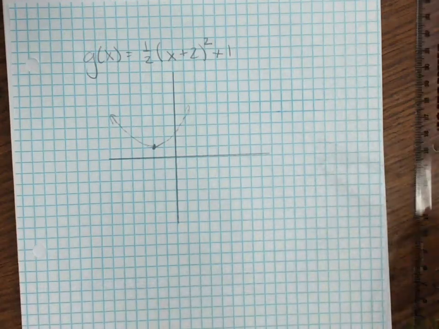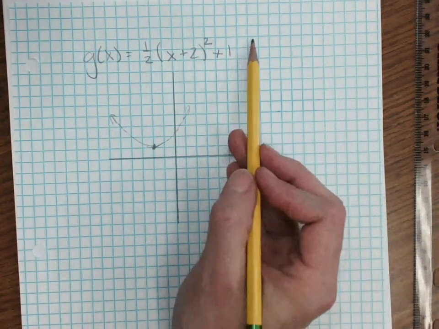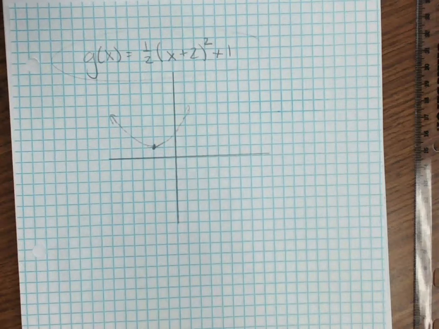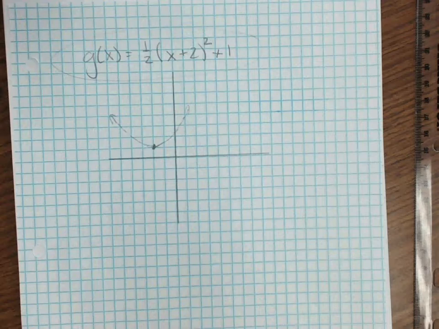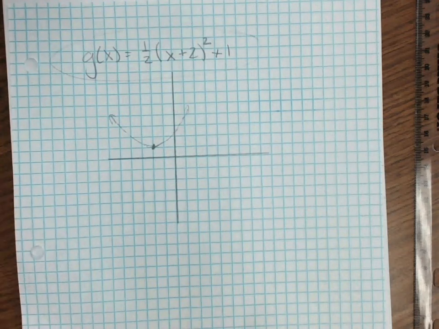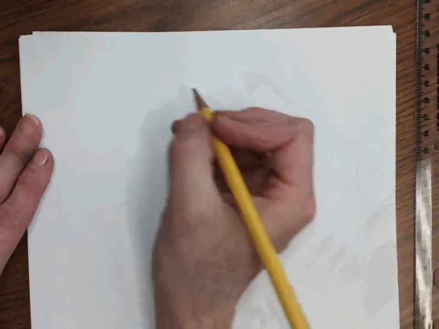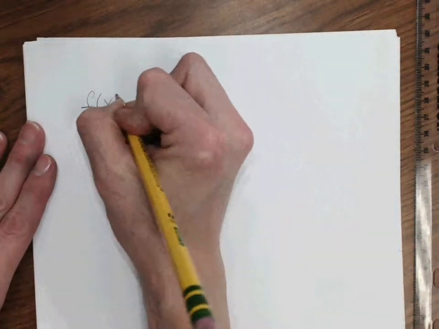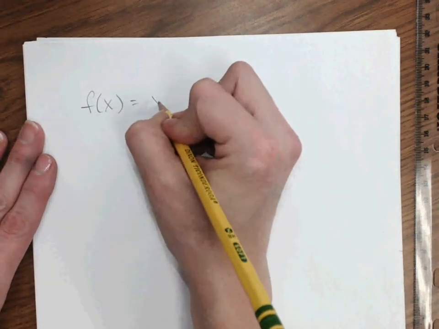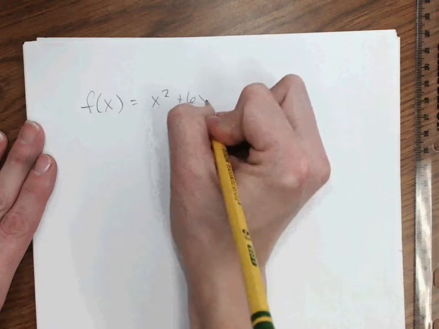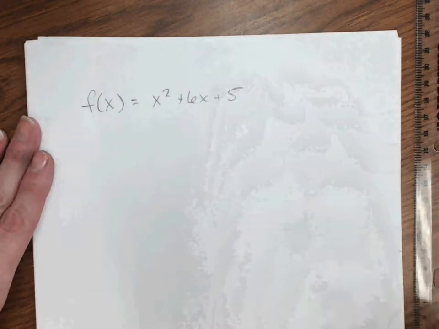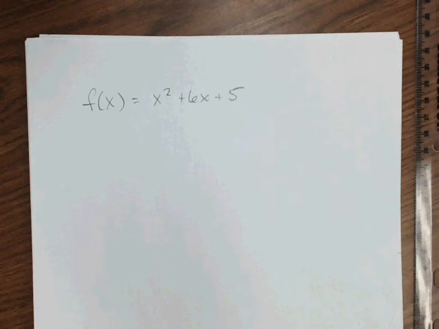Now, it could be really helpful, but not always are we given the function in this form. Sometimes we are, but not always. Sometimes it's in a form like what we're used to seeing, standard form. So if we're given a function that looks like this, f of x is equal to x squared plus 6x plus 5, but we need to get it into that graphing form.